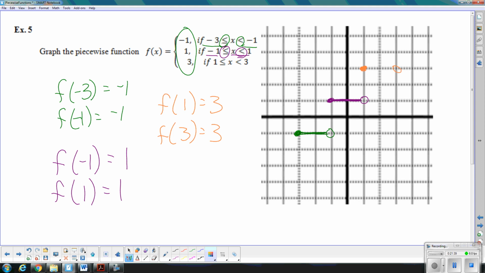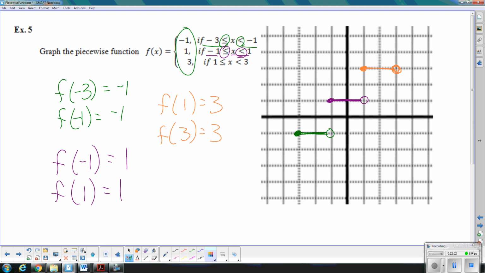It's included. But (3, 3) is not included because it's strictly when x is less than 3. At this point right there, x is not less than 3, but when x is 2.999999, that point is included.